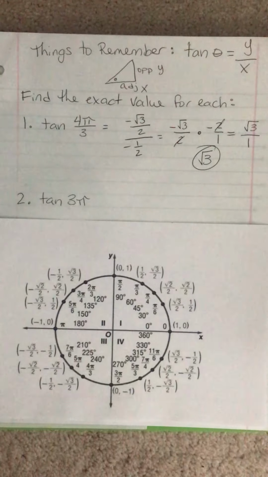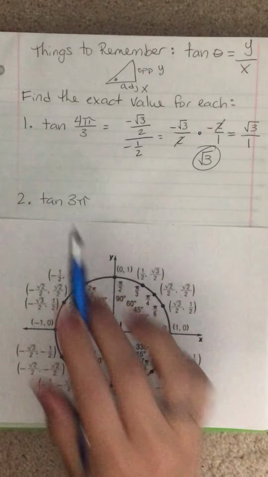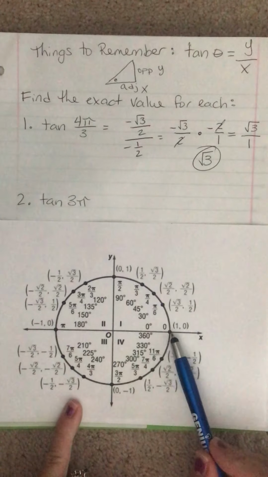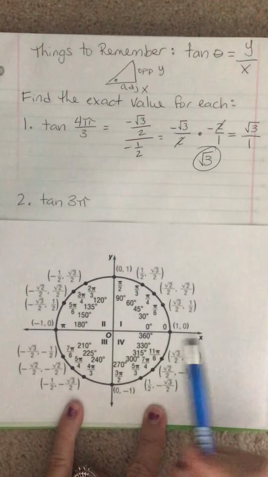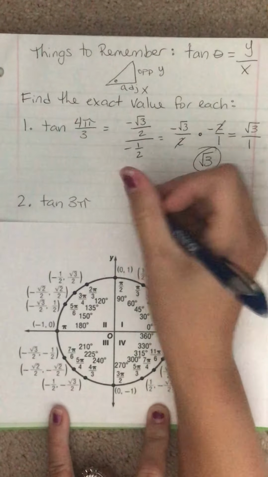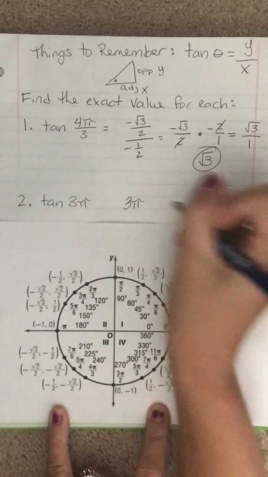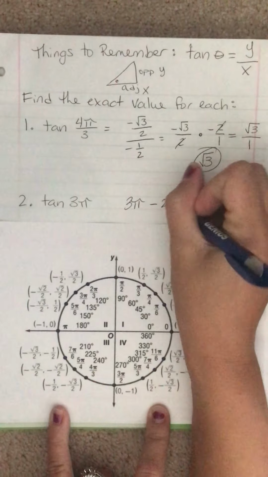Okay, tangent of 3 pi. Well, 3 pi is bigger than 2 pi, so we're going to have to use our coterminal angles to help us find one that would land on the unit circle. So we have to take 3 pi, and because it's bigger than 2 pi, we would be subtracting 2 pi.